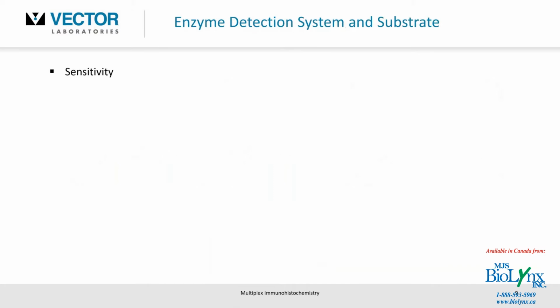All right, we're having a quick look now at the enzyme detection reagents and the substrate choices. I've got here the first bullet point on this very blank slide, sensitivity, and have a quick think about antigen expression levels on your given specimen for your second target antigen.